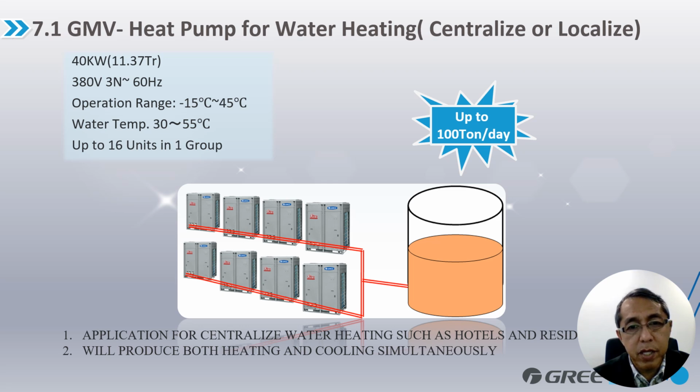Application for centralized water heating such as hotel and residential will produce both heating and cooling simultaneously. So if you don't want to waste that cooling while you're using the condenser to heat your water system, you can use it for the lobby or for the parking. So you can cool down those spaces.